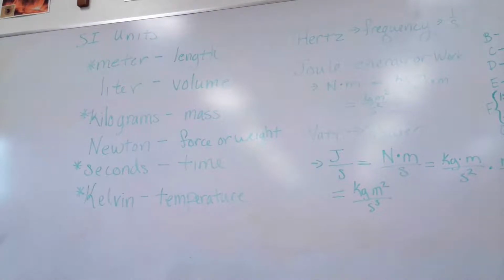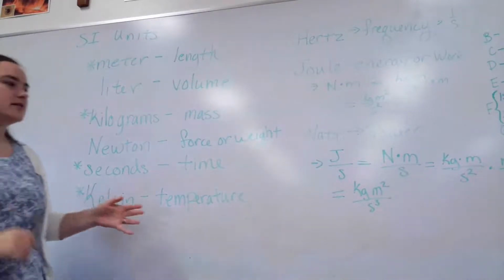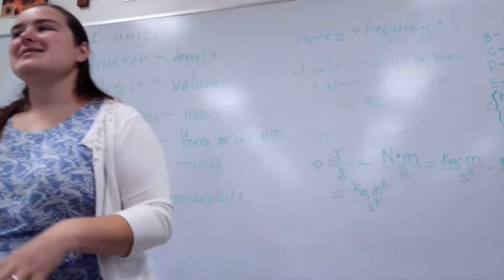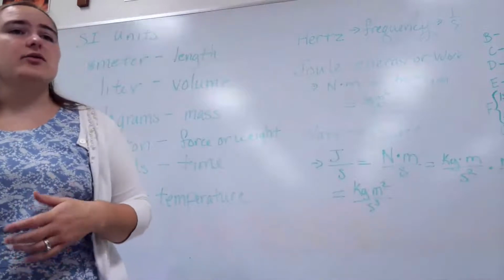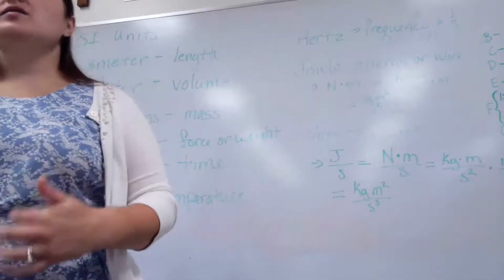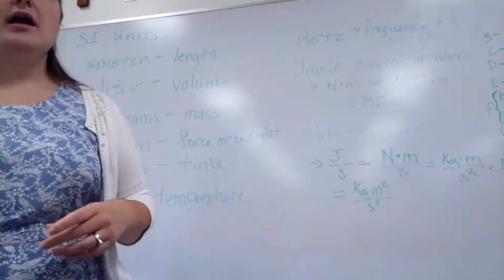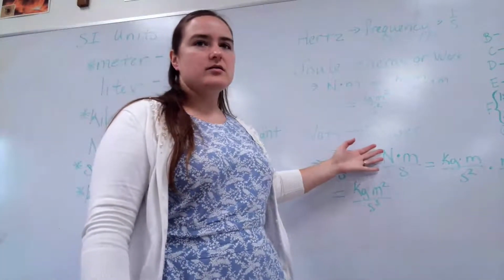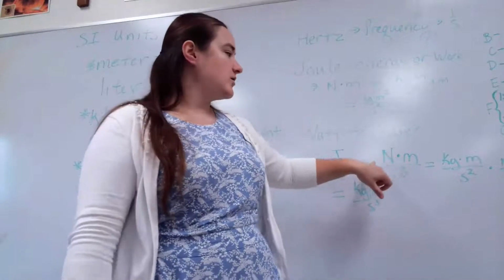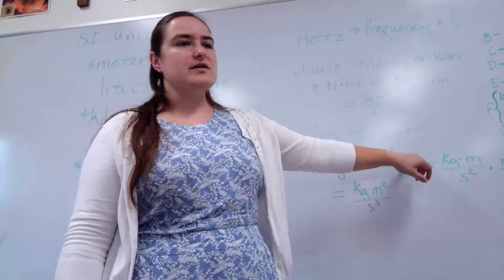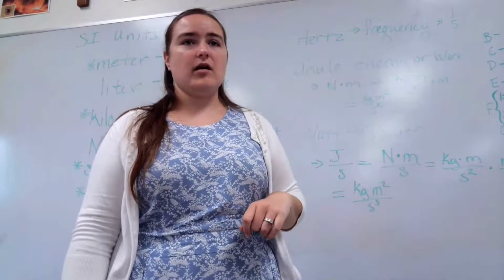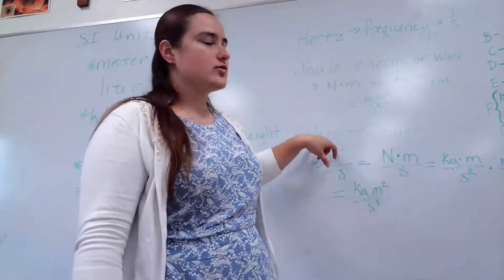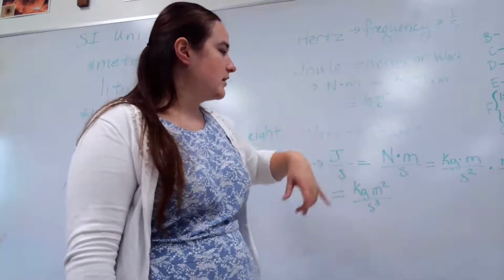Now, part of the reason why I have written them out, especially watts, in so many different forms is because I want you guys to be really careful about your units this year. If you're looking at a problem and maybe you started with a force, then your units would show up in newtons times meters over seconds, okay? In that case, you would be able to look at this and say, hey, that's watts, sorry, not joules.